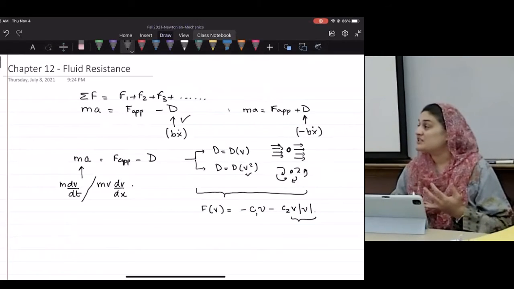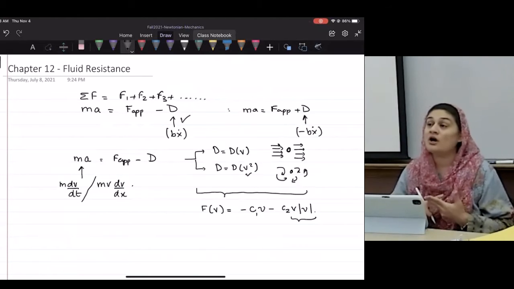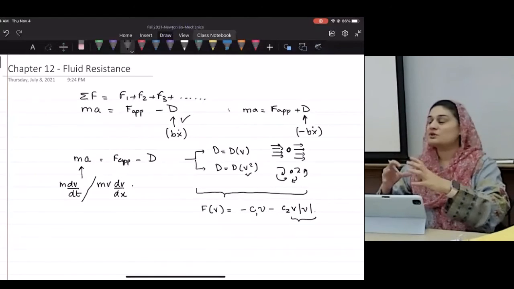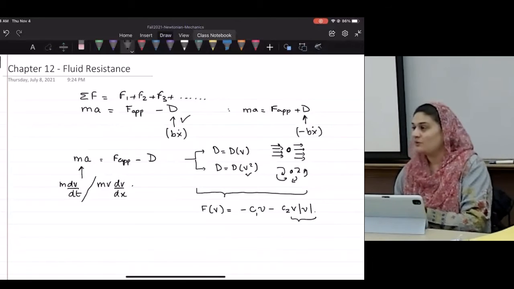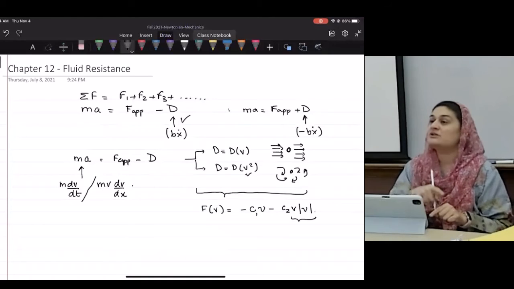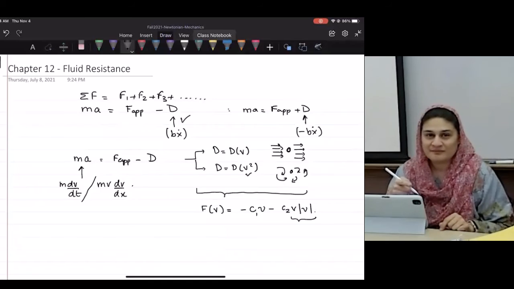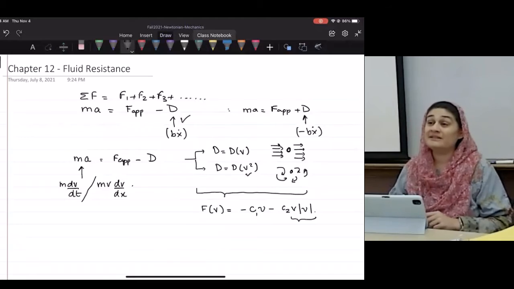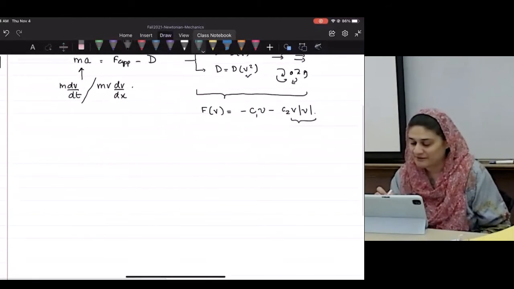So b, c1, c2, they are all constants which depend on the geometry of the object that's moving through the fluid. And in general, we talk about spheres. So in spheres, c1 and c2 could have these particular values.